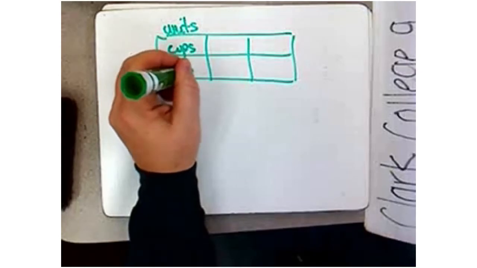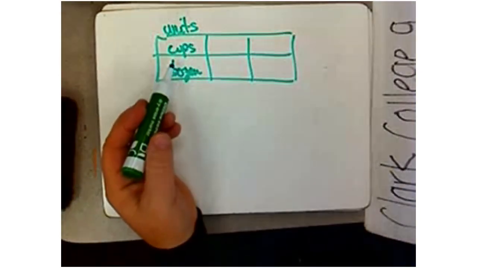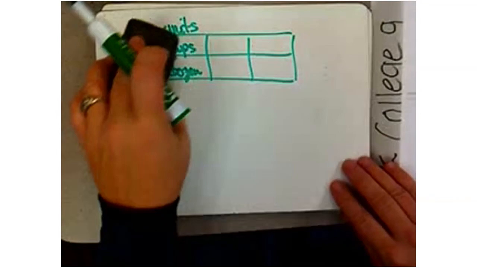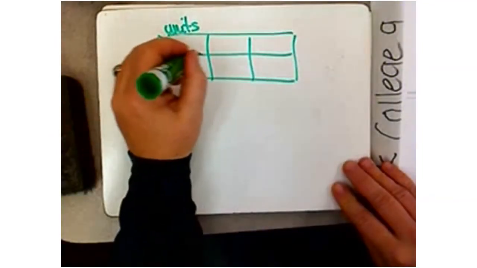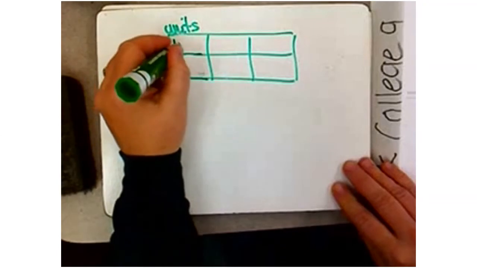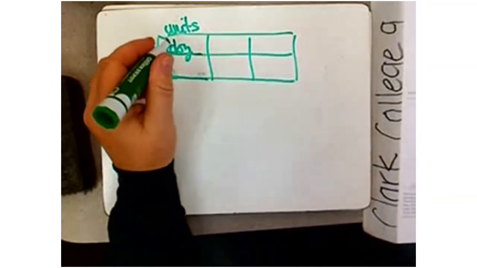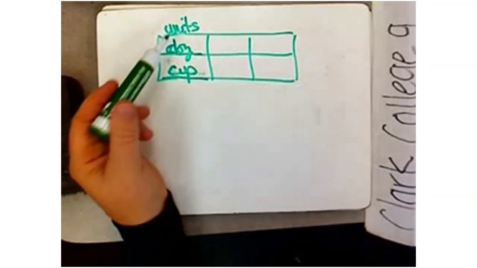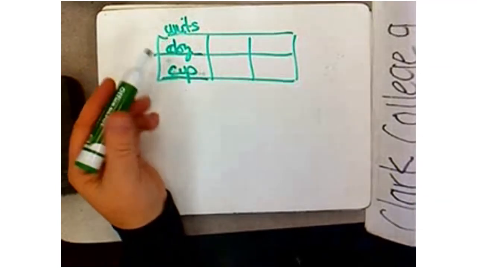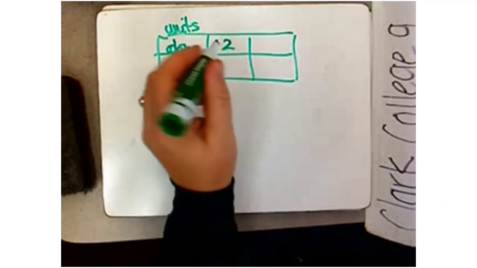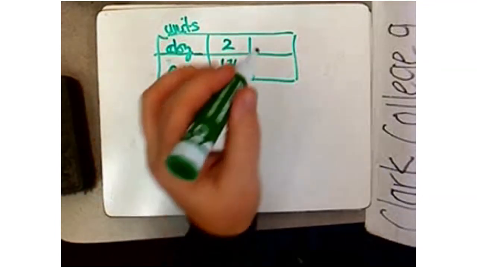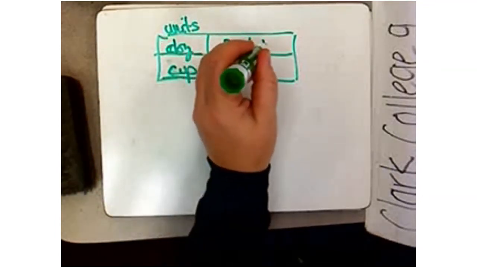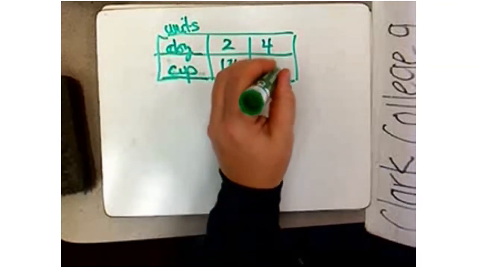Or we could write it dozens of cookies to cups of flour, whatever you'd like to say. It actually started out that way. It doesn't matter as long as you keep the orientation correct, but we'll just write it the way the story problem starts out with. It says dozens of cookies to cups of flour, so I'm redoing my columns, dozens to cups. So we have 2 dozen cookies to 1 3/4 cups flour, and if we want to make twice that number, that would be 4 dozen cookies to how much flour?